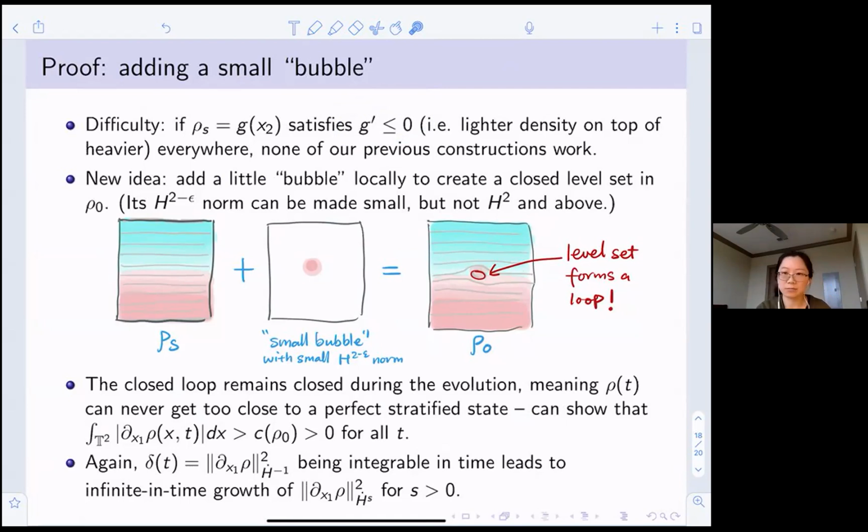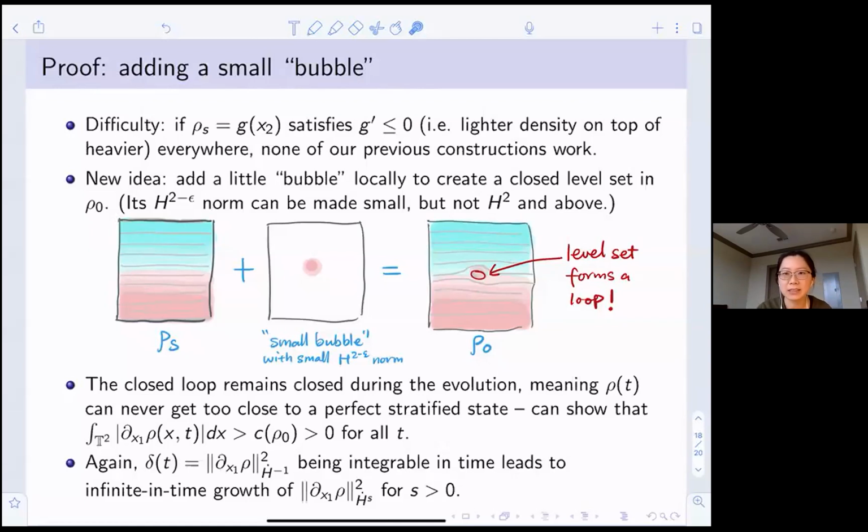But this strategy will never work for such a rho s, because among all the distributions that are reachable from rho s by any smooth flow, this is already the one with the lowest potential energy. Right, so we cannot use this lower the potential energy strategy.